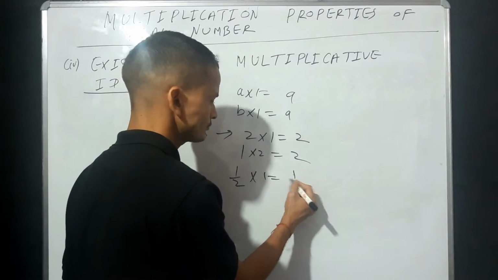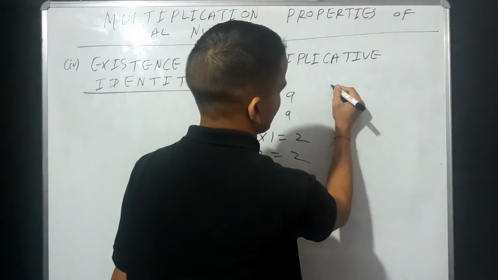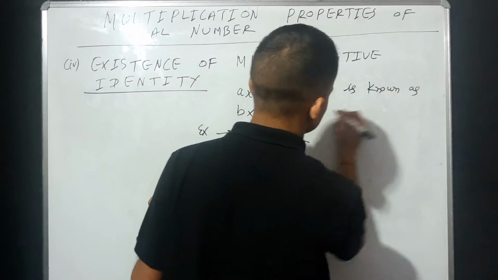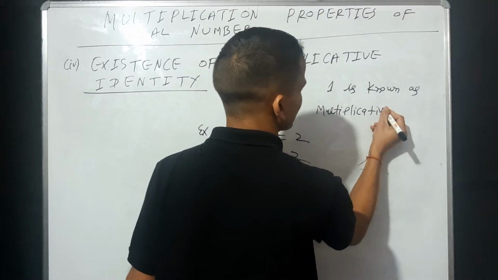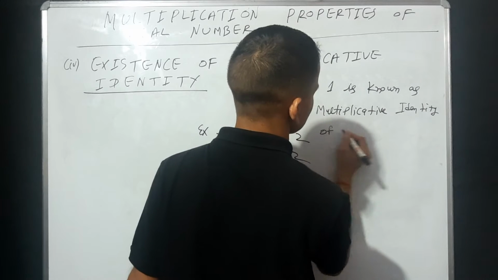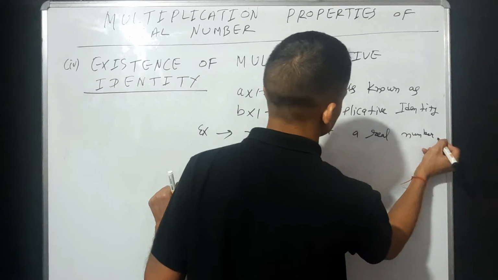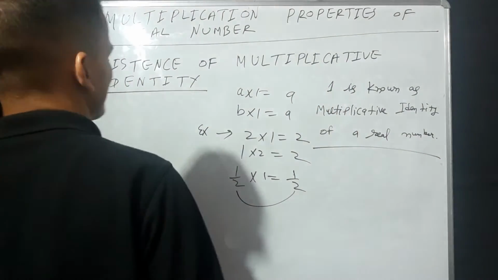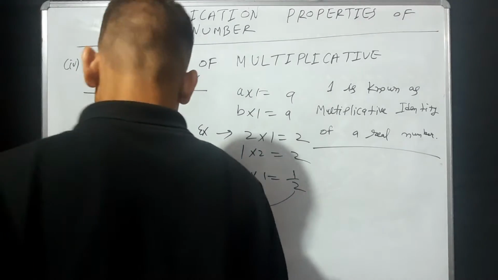So 1 is known as the multiplicative identity of a real number. This is the fourth property of multiplication of real numbers.